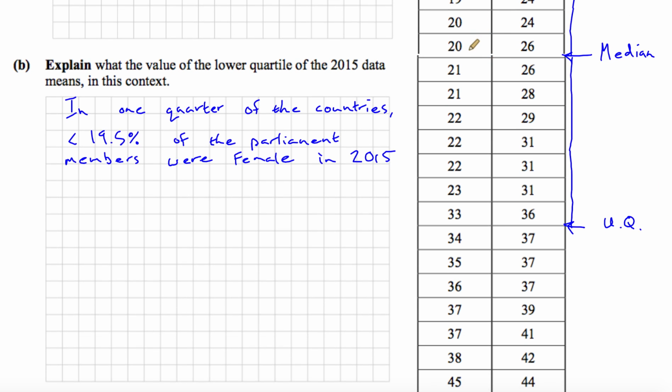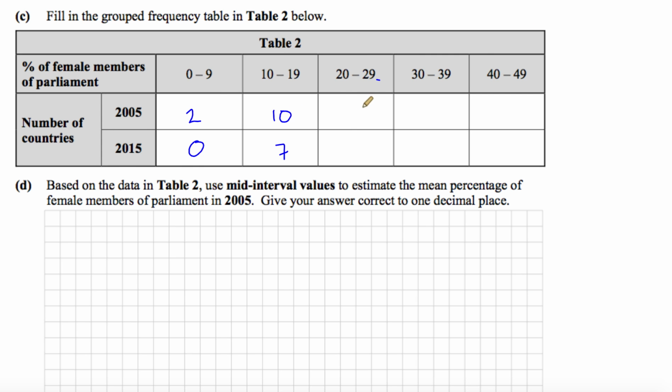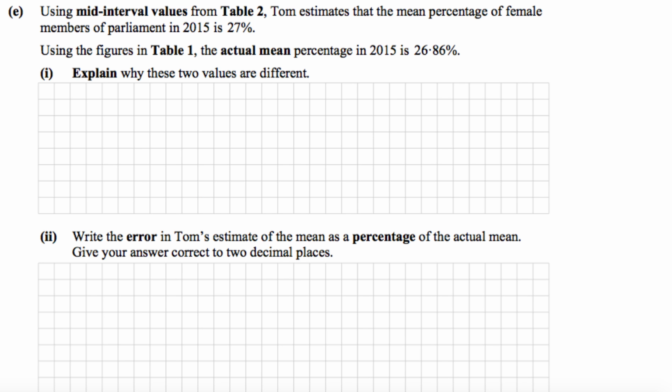And then we have 1, 2, 3, 4, 5, 6, 7, 8 in the 2005 group. So 8 in 2005 and 10 in 2015. And now we're going to look at the 30 to 39 group for both.